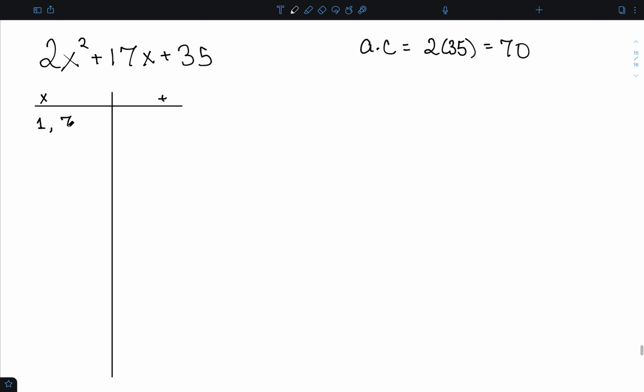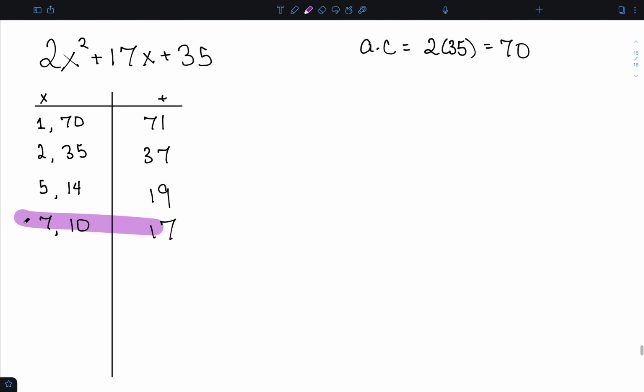Well, 70 is 1 and 70, 2 and 35, 5 and 14, and 7 and 10. This would give me 71, 37, 19, and 17. So we need this last one here.